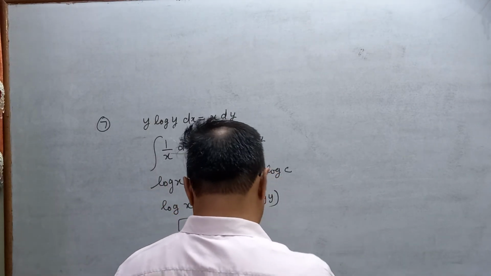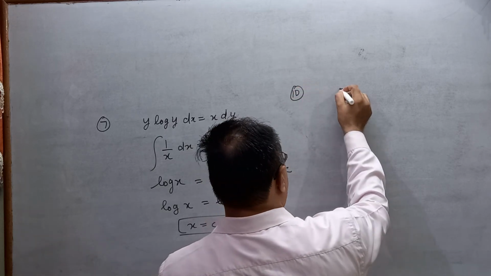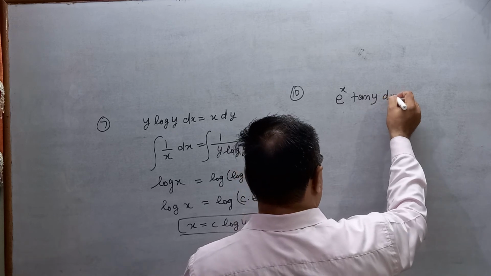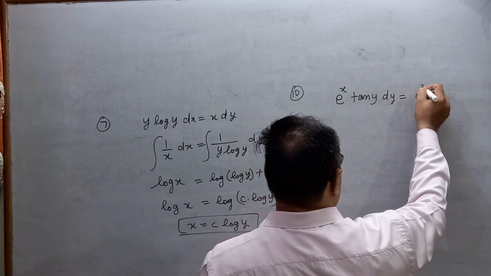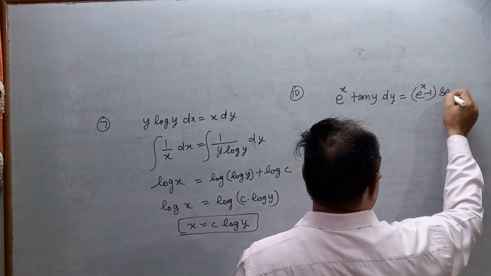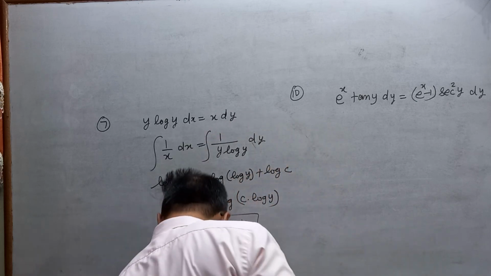Question number 10: e to the power x tan y dx is equal to (e to the power x minus 1) sec square y dy. How can you solve this question?